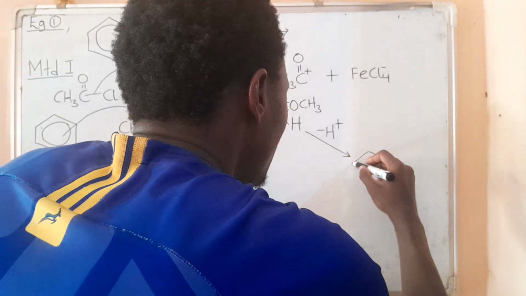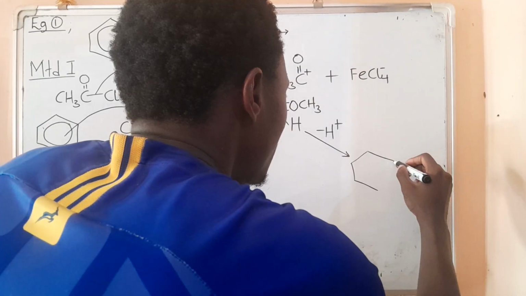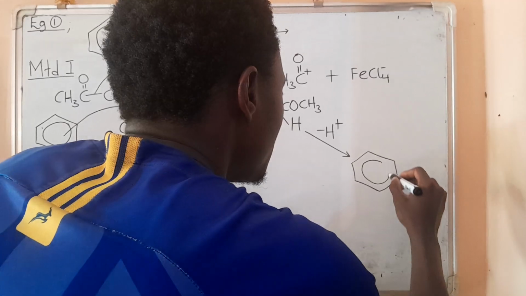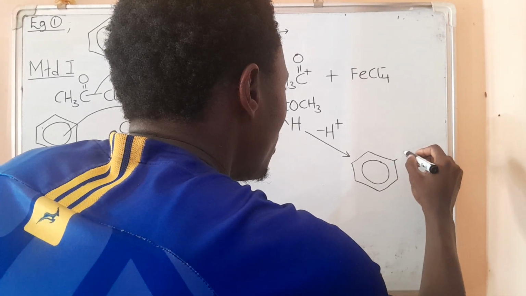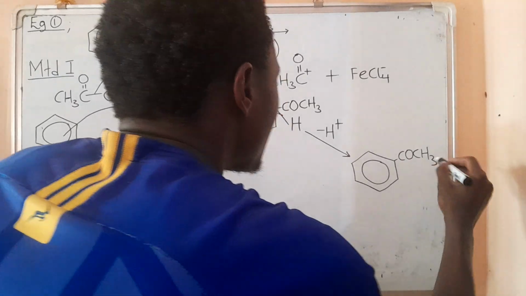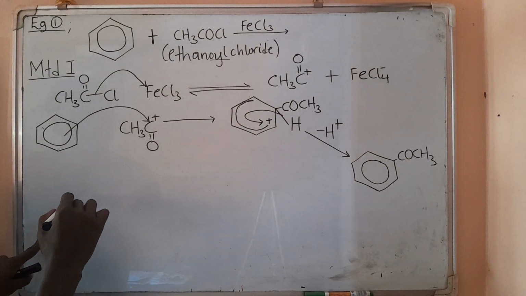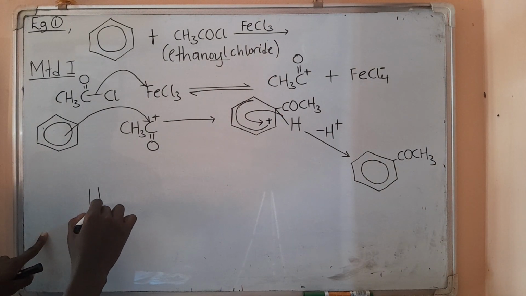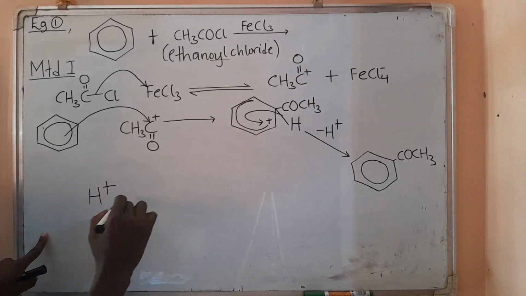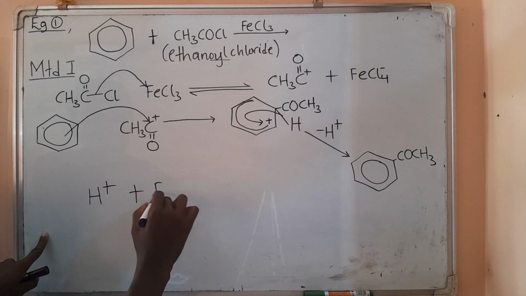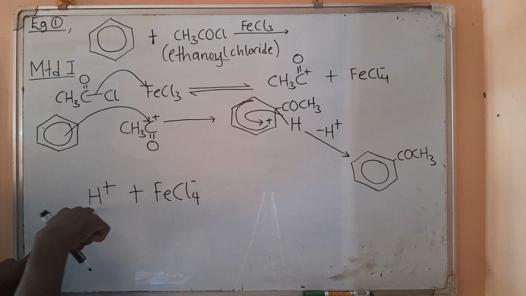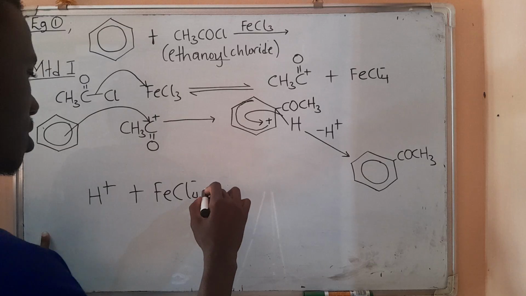as I form the following. So we have a benzene ring with this group COCH3. Then the proton that has been formed combines with the negatively charged complex FeCl4 minus. So this donates electrons to the electron deficient hydrogen.